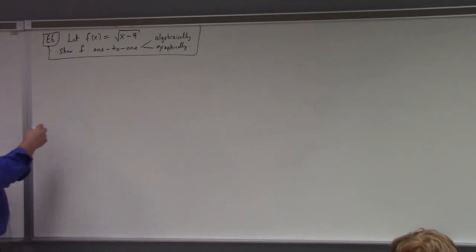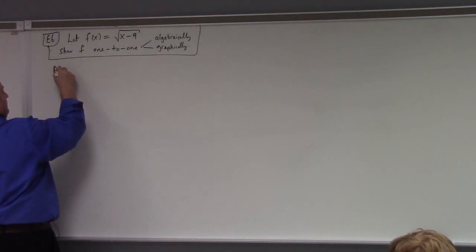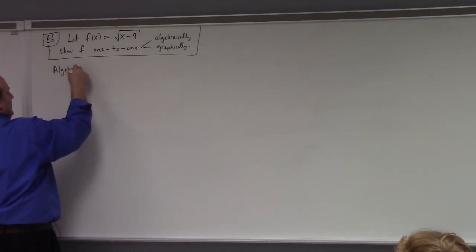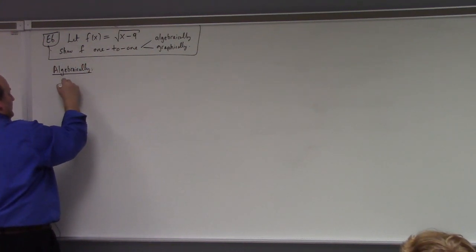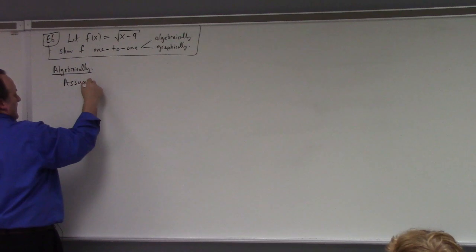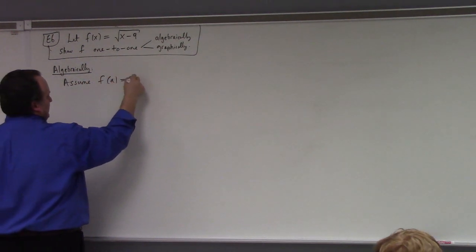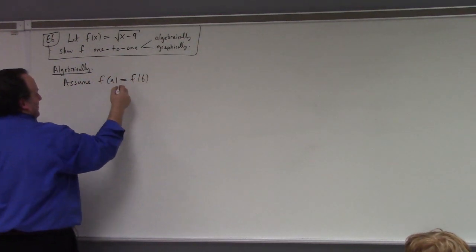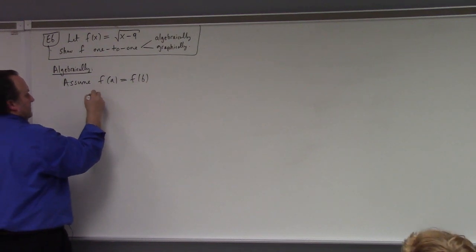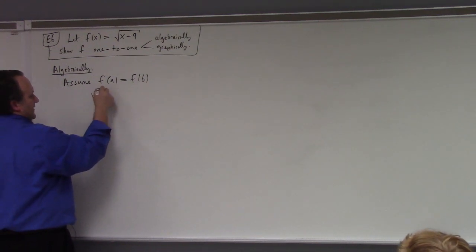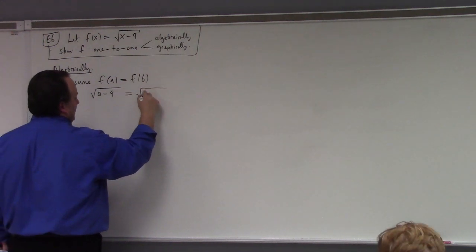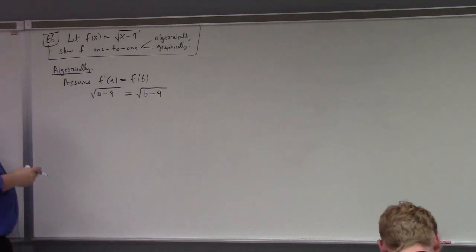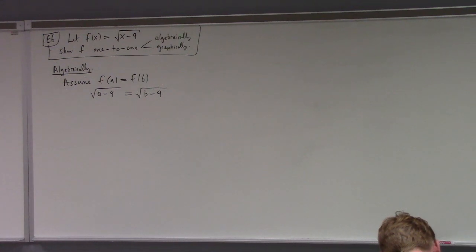So algebraically, how do you do it? To show a function is one-to-one algebraically, you begin by assuming f of a is equal to f of b. But what does that mean here? Well, here, that means that you have the square root of a minus 9 is equal to the square root of b minus 9. Then what?